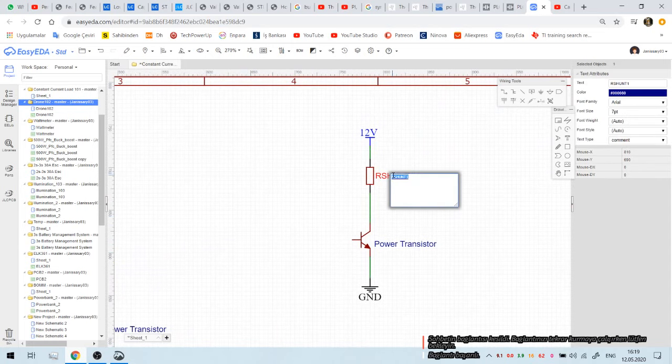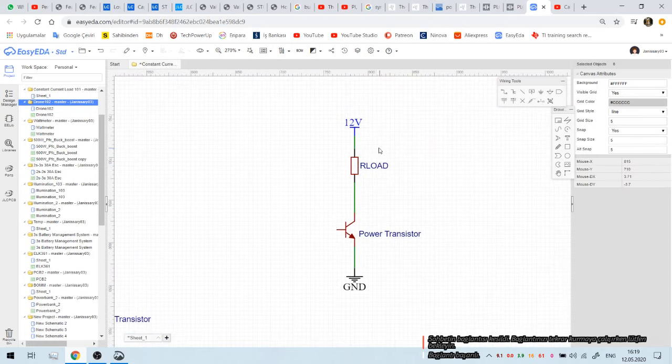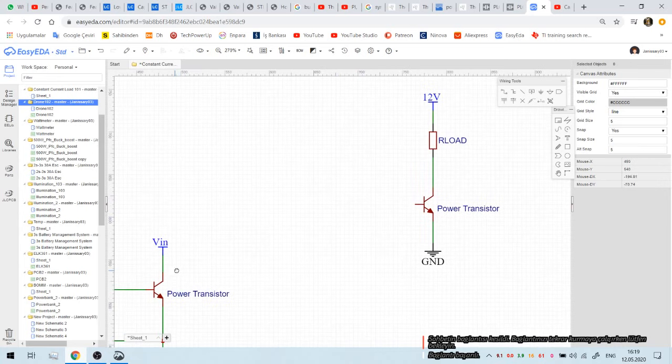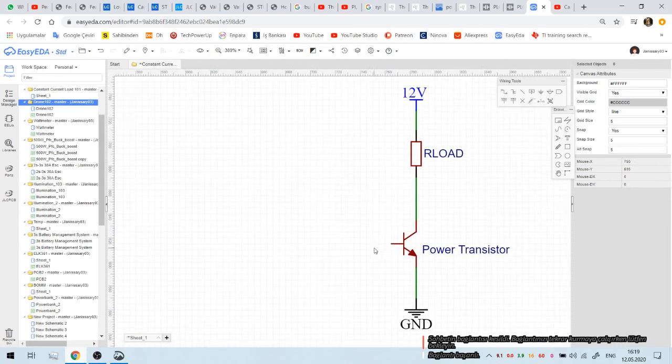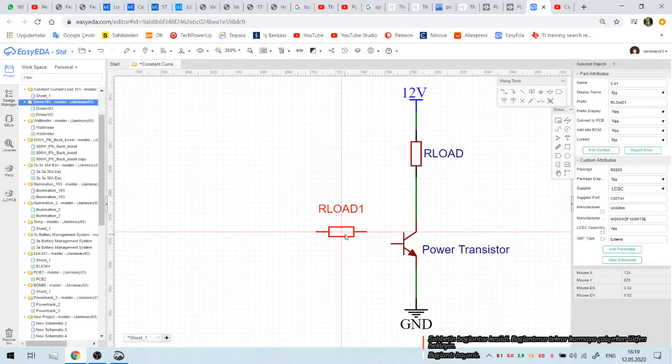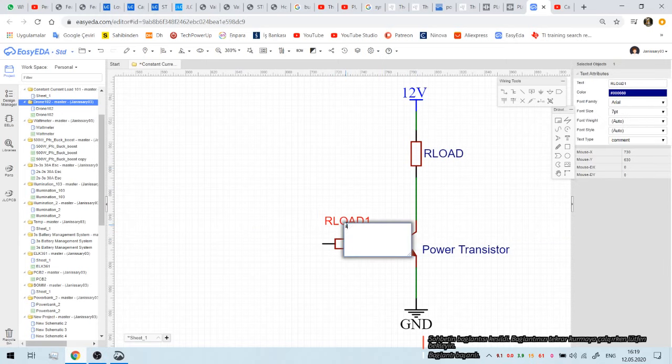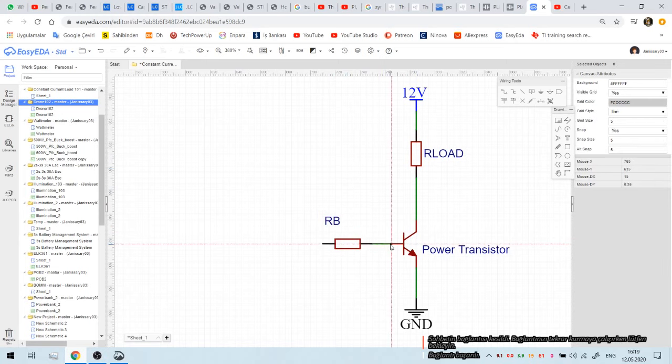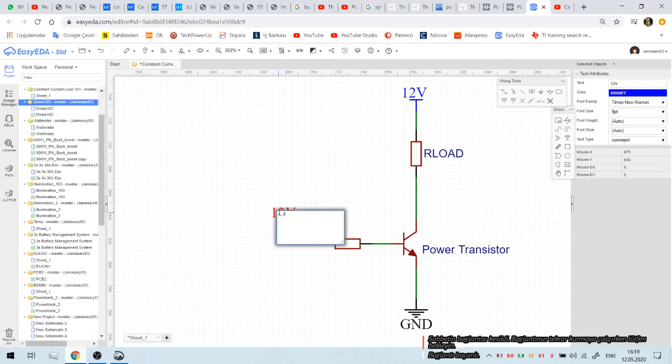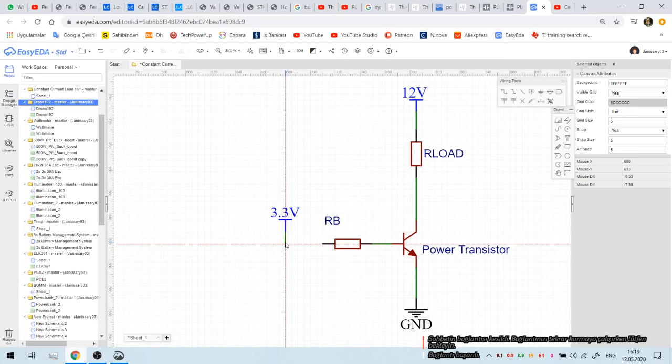Okay, this is our load, and yes, I will also add here RB and maybe 3.3 volts.